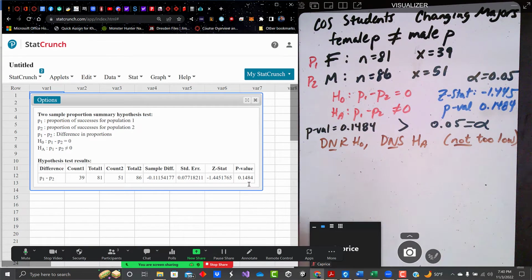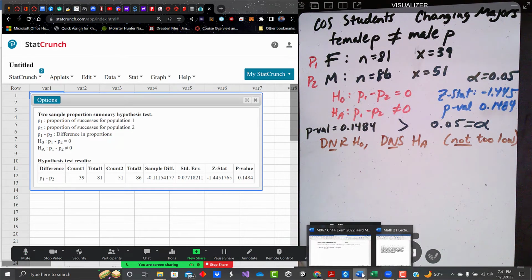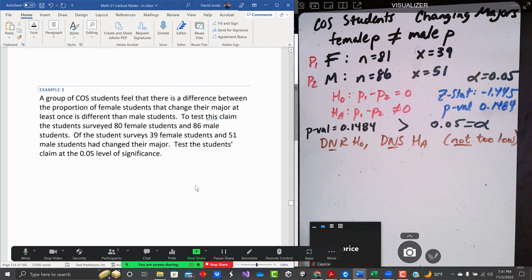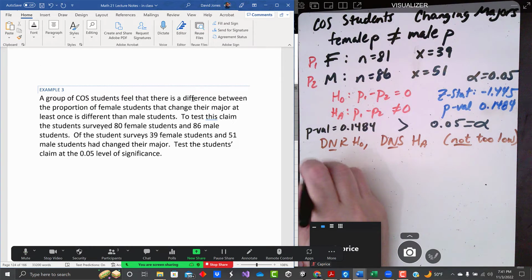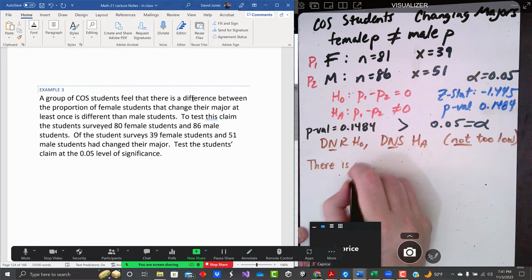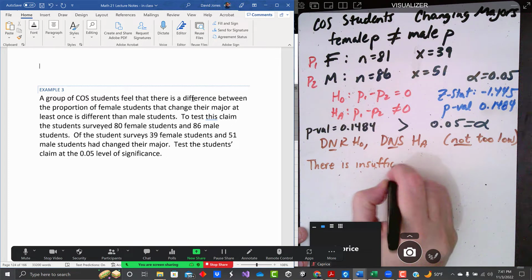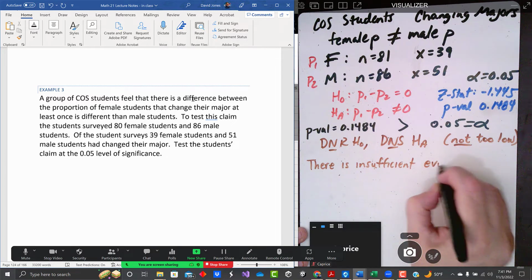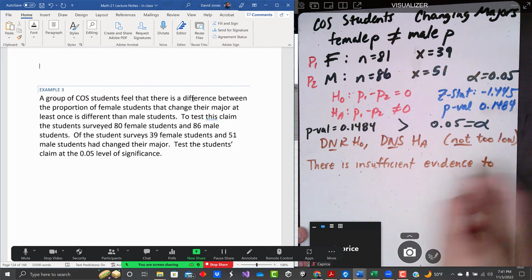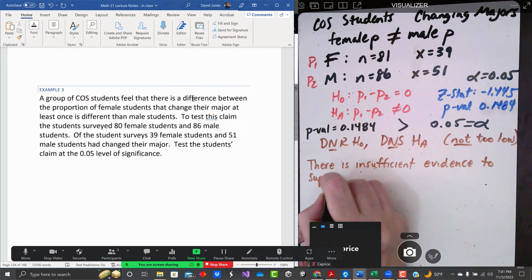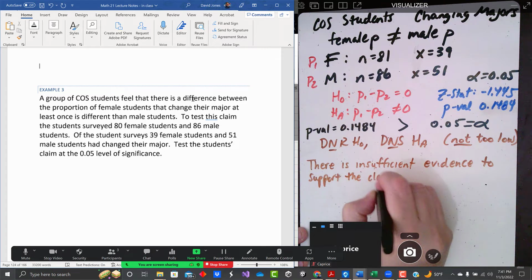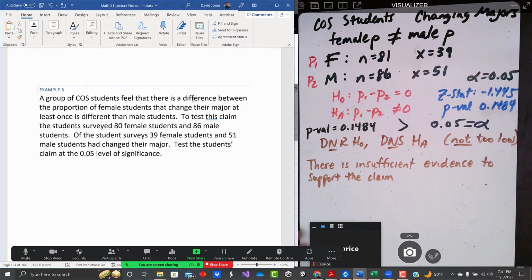So the claim was, let's come back and look at the claim. Make sure that I say it right. I know it was on changing majors, and students feel that there is a difference. And it looks like there is, but there is not enough evidence to support it. There's insufficient evidence to support the claim.